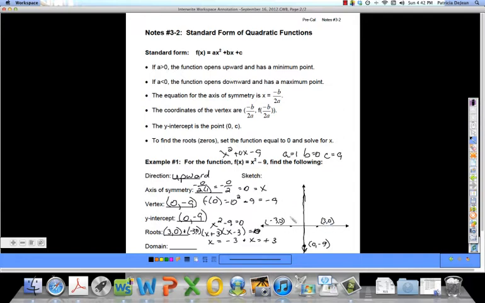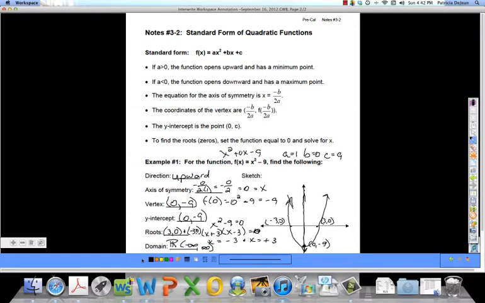And if I wanted to sketch in my graph, it would go down and then up like that and go through those points. Our domain is all real numbers, or negative infinity to positive infinity if you're using interval notation.